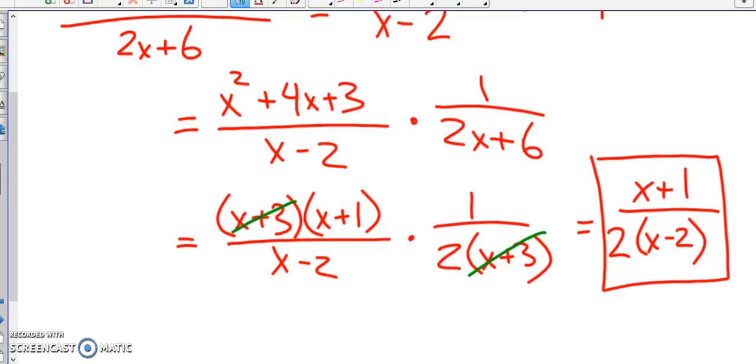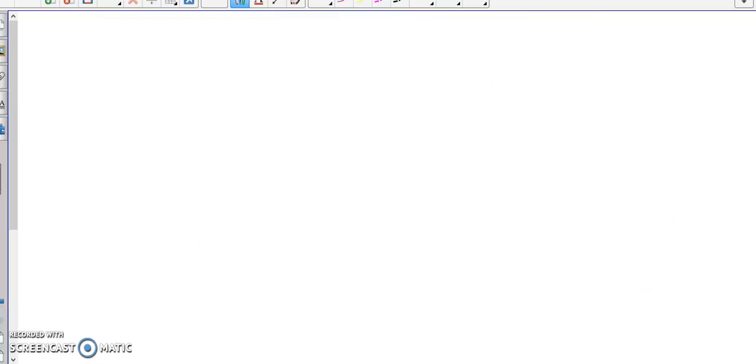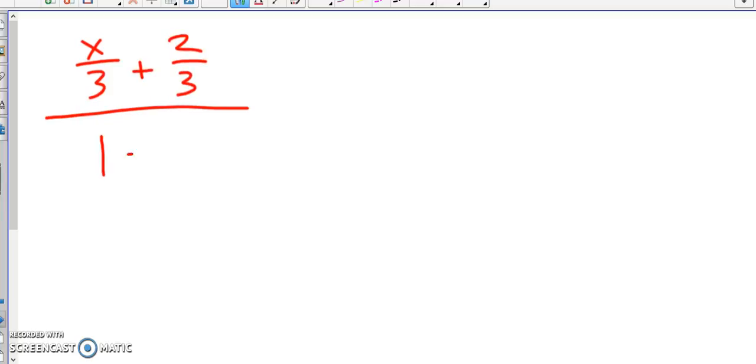All right, now let's try this. x over 3 plus 2 over 3 over 1 minus 2 over x. Now, you've got a couple of different ways that you can approach this, but one way can be getting a common denominator and combining these separate fractions.